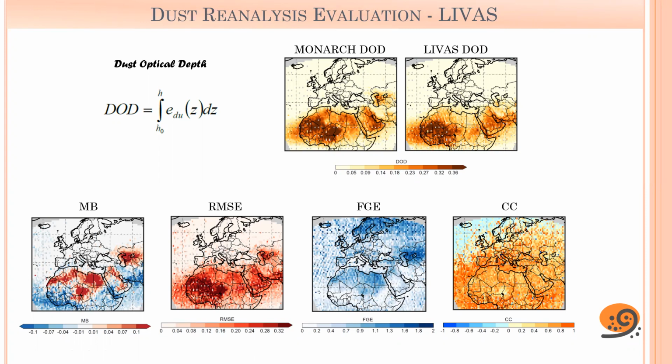In particular, Monarch overestimates DOD over the dust sources of Libya, Algeria and the Bodele Depression, while underestimates it over Sahel and the Gulf of Guinea. However, the normalized error is quite low and the correlation coefficient is very high over all the regions of interest.